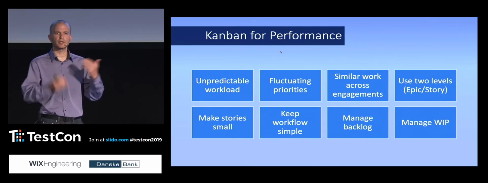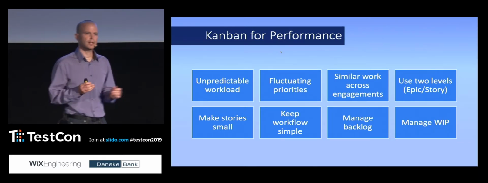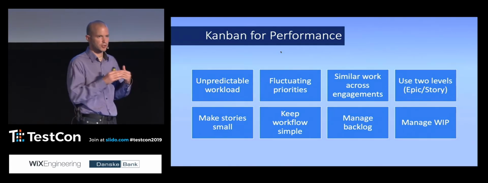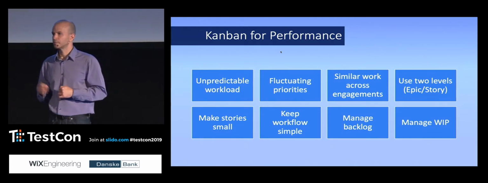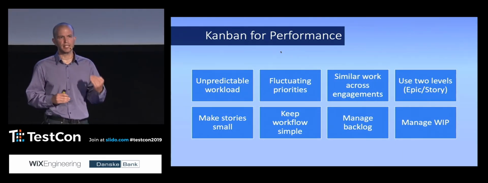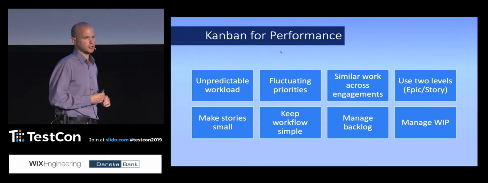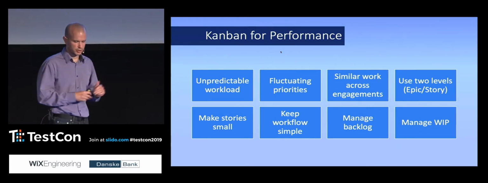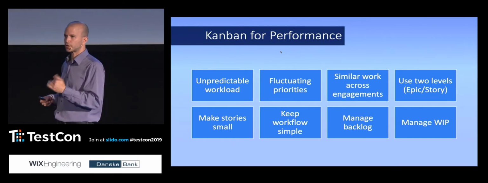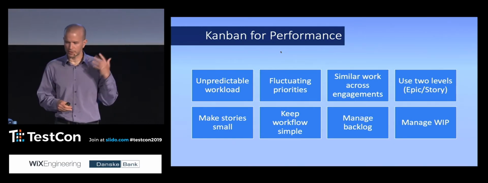So my workload is very unpredictable. If I had sprints that start and stop on specific dates and I had to go through all that process planning, it wouldn't work very well. So now stuff can just come in, and based on the priorities, we can just start working it or push it into our backlog.